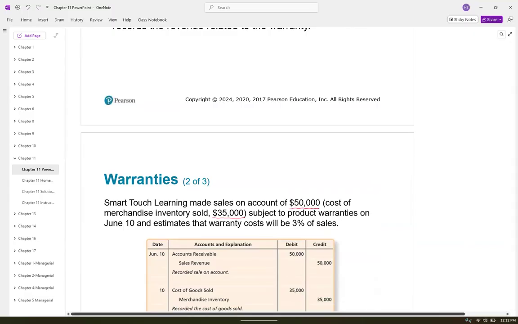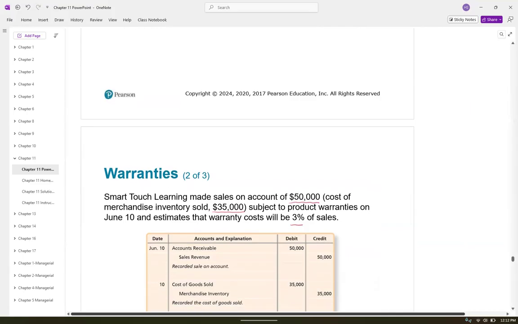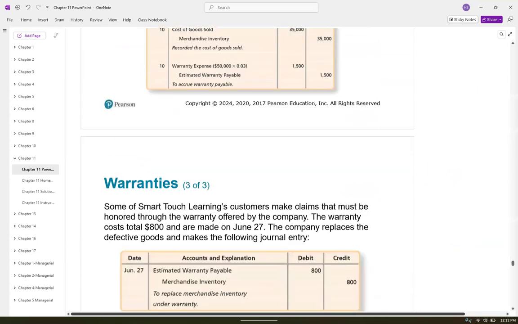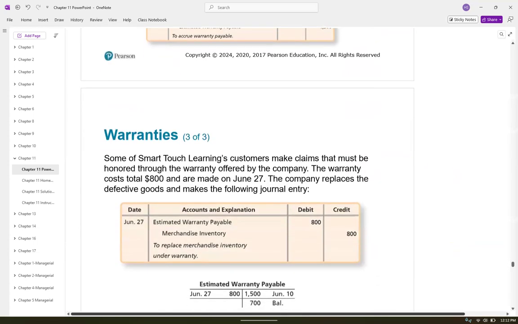Okay. So then they tell us that this is subject to a 3% of sales warranty. Okay. So 3% of the sales, 50,000 multiplied times 3%. I'm sure they've already done the math for us. I did not do it off to the side.